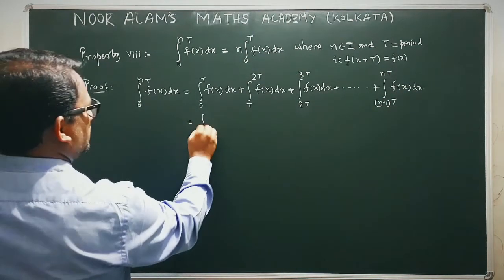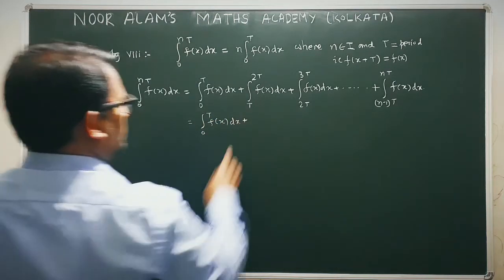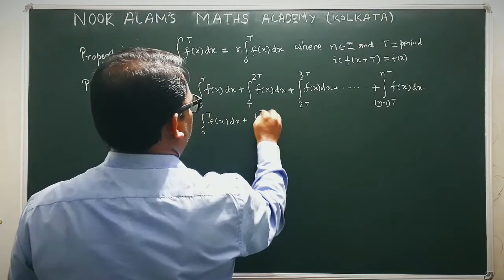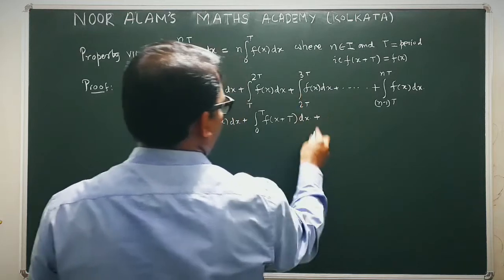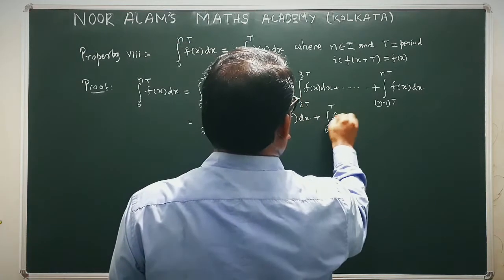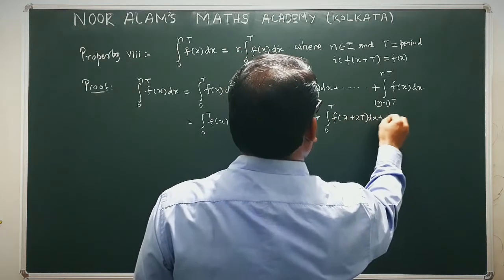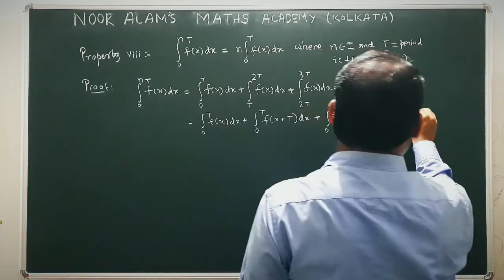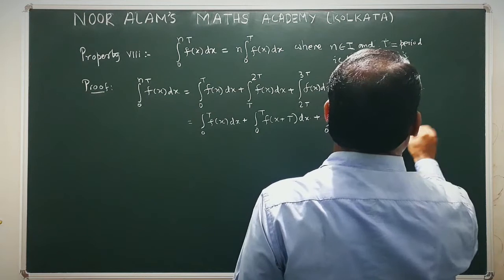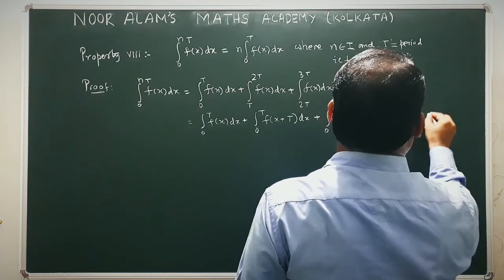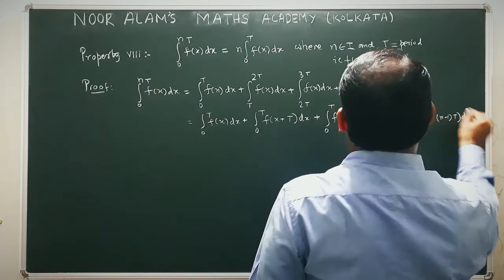So now this first value is the integral from 0 to T of f(x) dx, and this integral we can write as the integral from 0 to T of f(x + T) dx. This integral we can write as the integral from 0 to T of f(x + 2T) dx. Now in this way the last integral we can write as the integral from 0 to T of f(x + (n minus 1)T) dx.